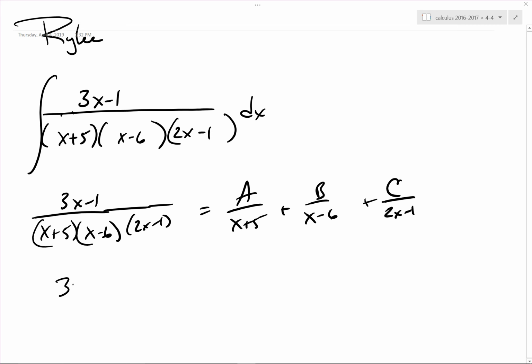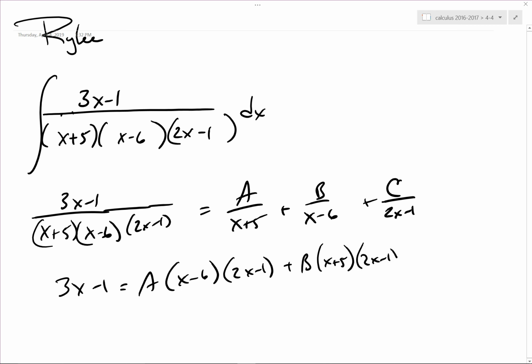So we're gonna get 3x minus 1 equals 2 a x squared.